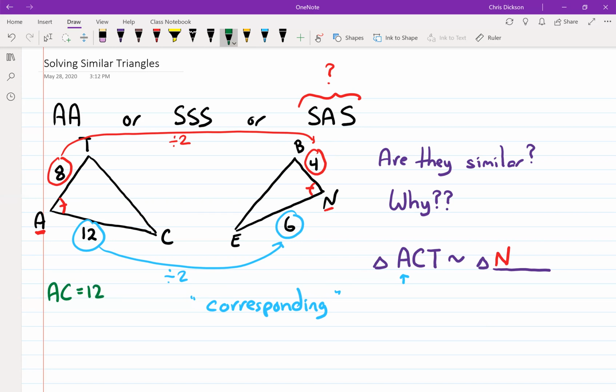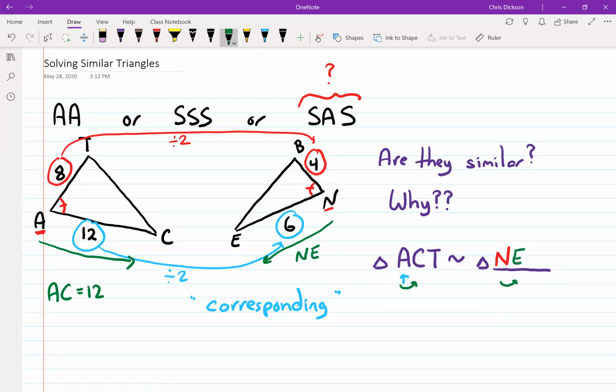So going from A to C, that's 12. And so the corresponding side to AC would be side NE, because that's the one where you halved 12 to get 6. So I'd have to go from A to C, and I'd have to go from N to E. So this would have to be E.